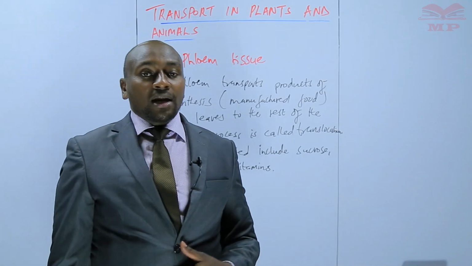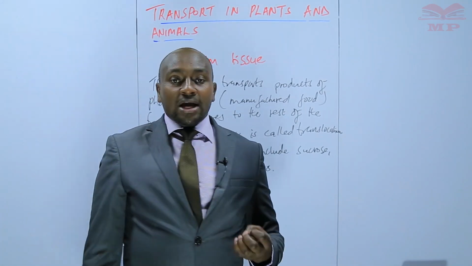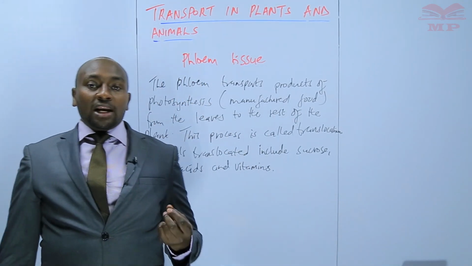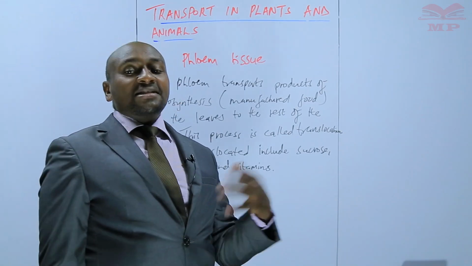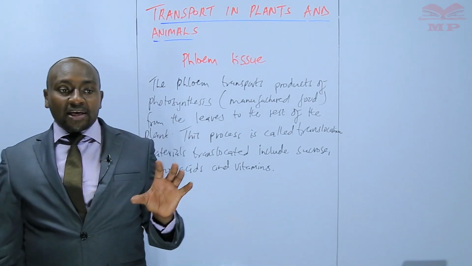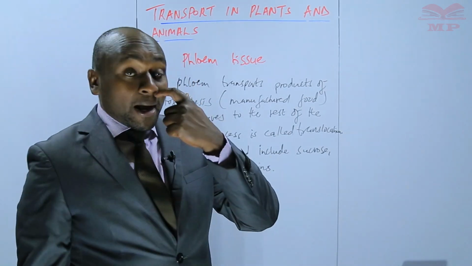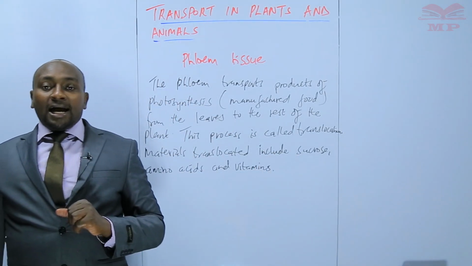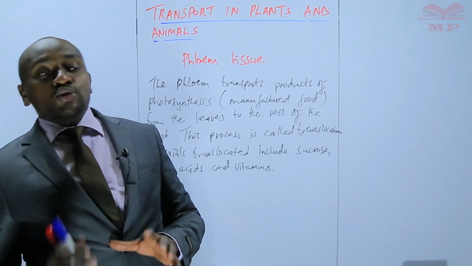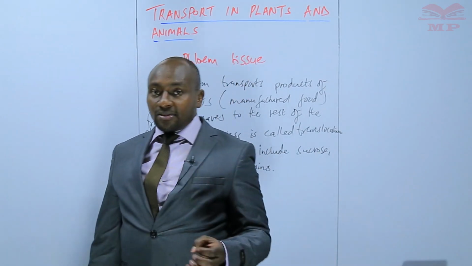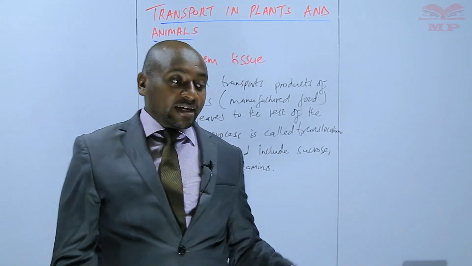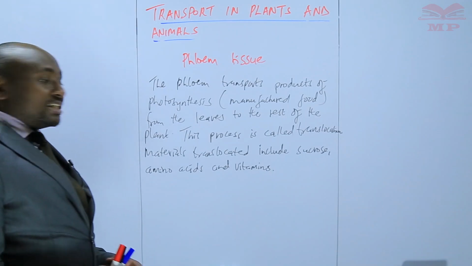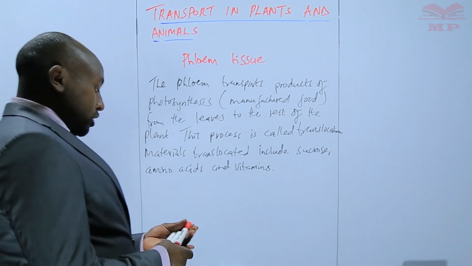For example, in a flower, we have what we call the nectaries that secrete nectar. So that's another area where materials are translocated to. Another area is the storage sites, or the areas where these materials are meant to be stored.